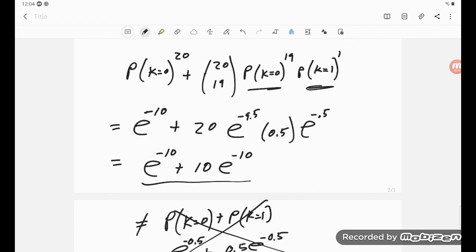Silly me. Okay, so that's 11 e to the negative 10. And that is 0.000, essentially 5. It's 499, and then 399. So pretty much 3 zeros and a 5. Okay, so that is number 14.